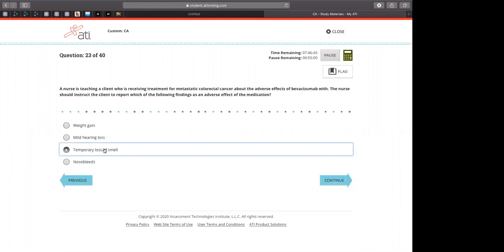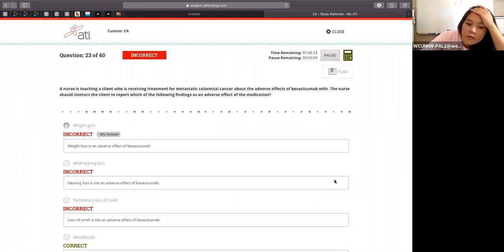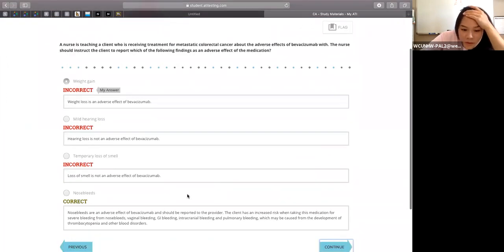C? Or, I don't know, maybe weight gain, actually. Weight gain, I think it might be nosebleed, but I could be wrong. Nosebleed.